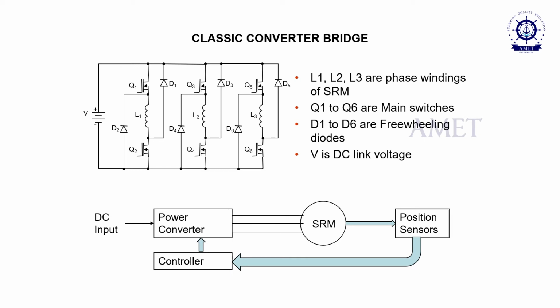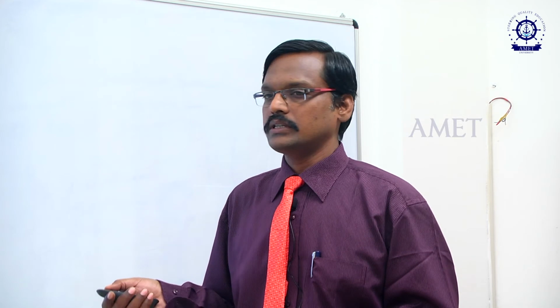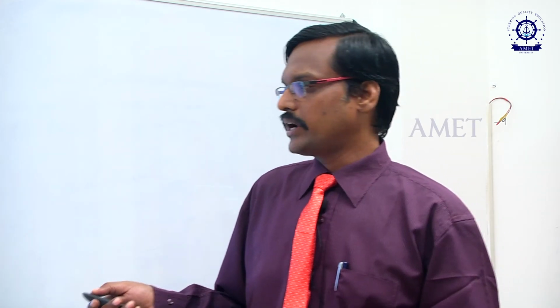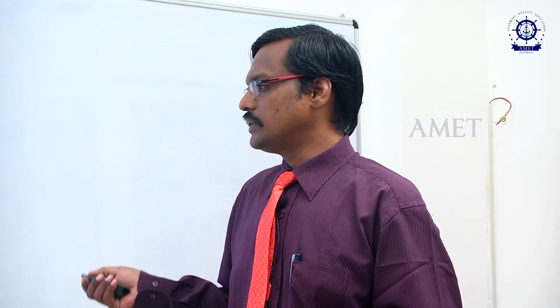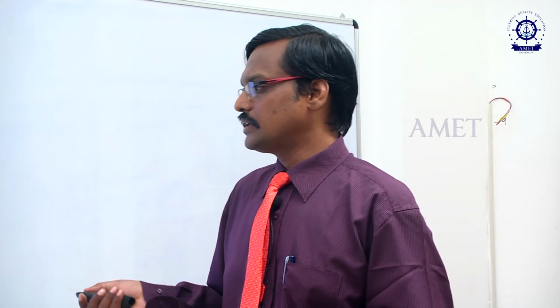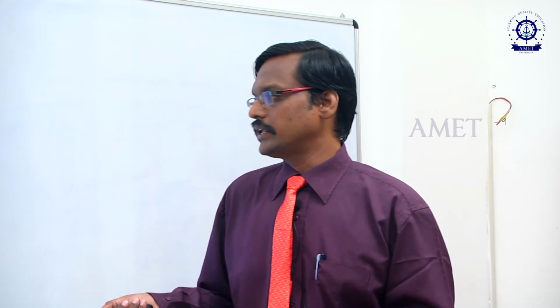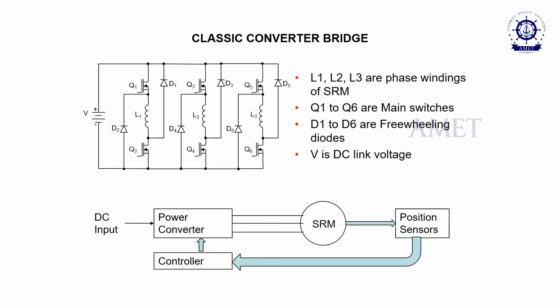These position sensors give the input to the controller. Based on the rotor position, the controller provides switching pulses to the power converter so that it works properly. As this is a special type of machine, we additionally require a power converter, position sensor and controller.